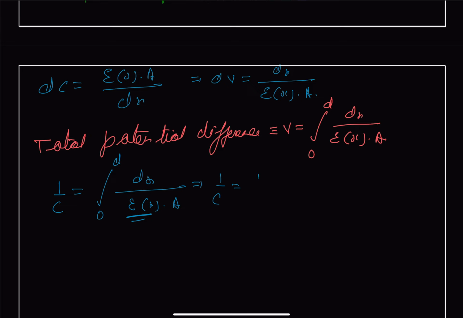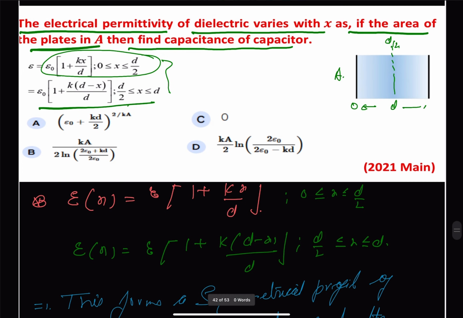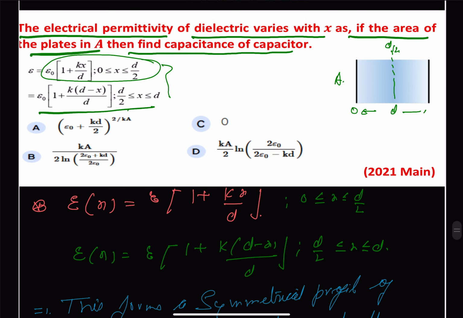So the first will be from 0 to d by 2, and we have dx divided by epsilon naught plus k epsilon naught upon d times x, and the second is from d by 2 up till d, with dx. One second, let me correct the equation.